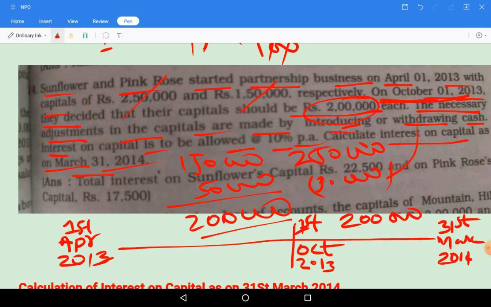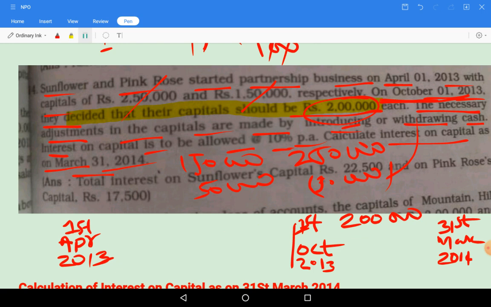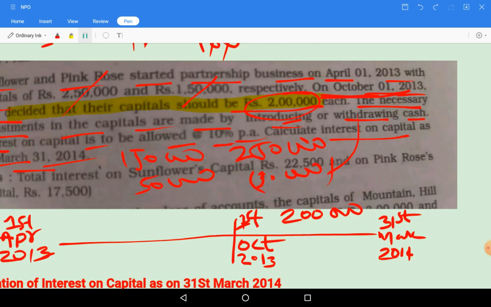They decided that their capital should be 2 lakhs each. तो इससे पहले कितना था, उसमें अगर ज़्यादा है तो डिक्रीज कर लो, अगर कम है तो एडिशनली ब्रॉट, दैट्स इट. एडिशनल कैपिटल लाओ, वो बात बता रहे हैं.